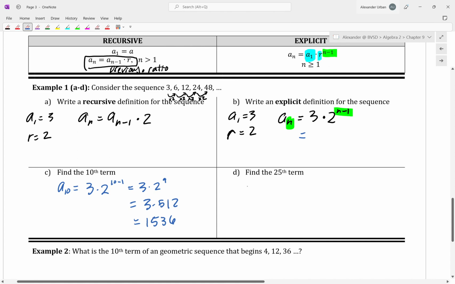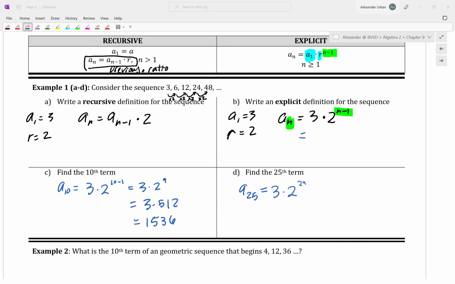To find the 25th term, we're going to do the same thing. The 25th term is going to be equal to 3 times 2 raised to the 24th. So 2 to the 24th power is going to equal 16,777,216. Sorry, I got to do the 3 times, my apologies.